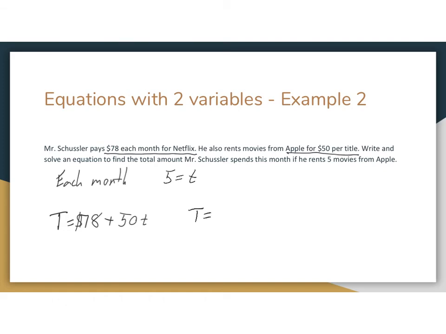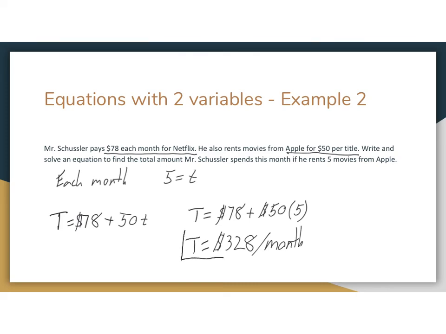T is equal to $78 plus $50 multiplied by 5, which comes out to $328 per month. Remember to square your answer.